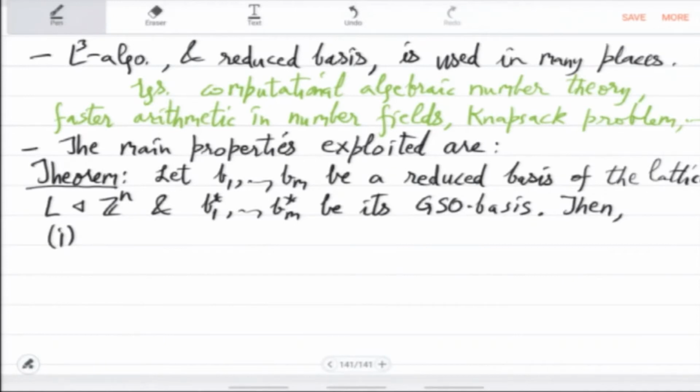First property, in fact, we deduced, it says that the length of Bj never exceeds the length of Bi star times 2 raised to (i minus 1) by 2, for all j behind i.